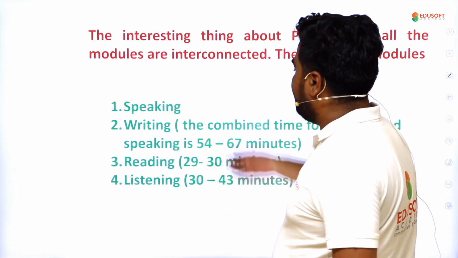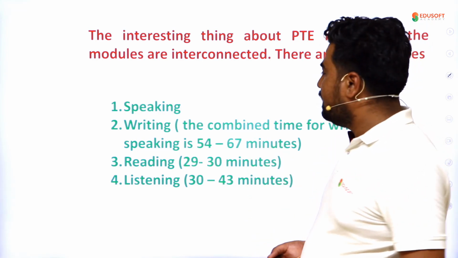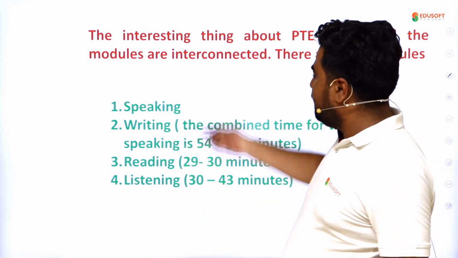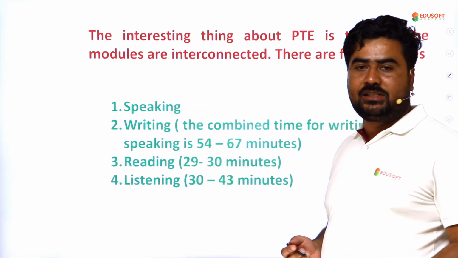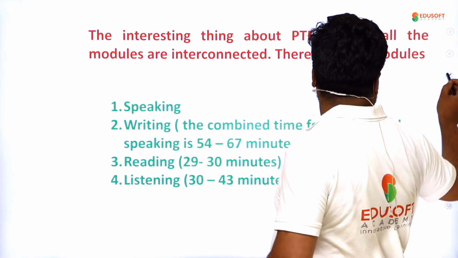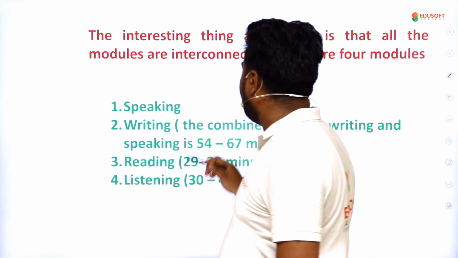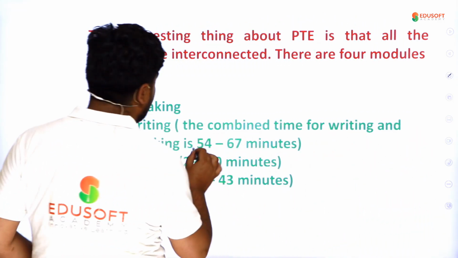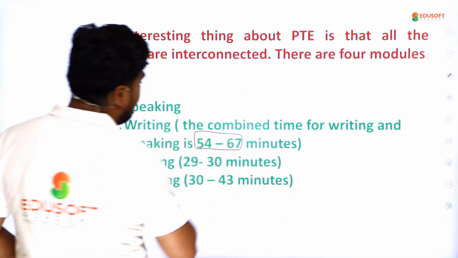So this is how PTE modules come in your examination, as there are 4 skills in the English language: speaking, writing, reading and listening, and in the very same sequence you will have to face your examination. The first test, speaking, will be followed by writing, and for speaking and writing you will get a combined time of 54 to 67 minutes.